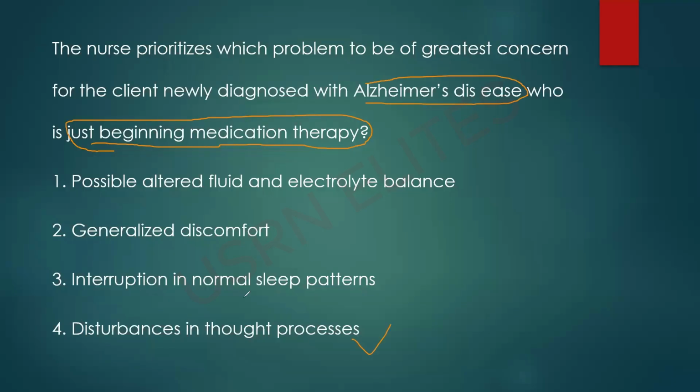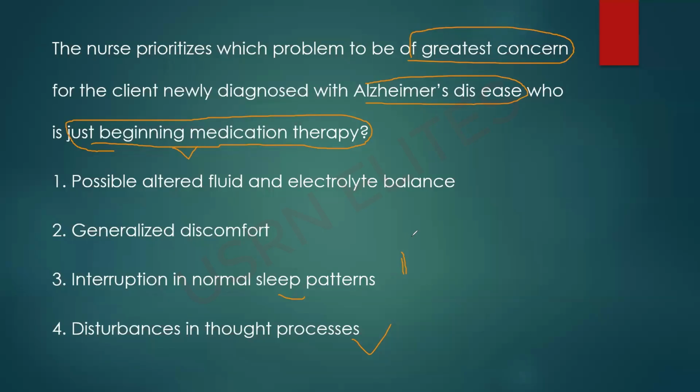You normally get the insomnia after some time, after taking the medication. And this one, the person is just beginning the medication therapy. Even if insomnia has set in, between insomnia and disturbance in thought process, which one will be of greatest concern? That's also another question to ask.